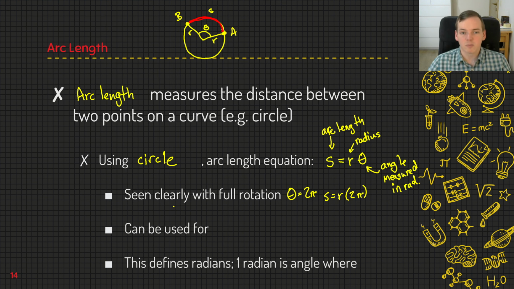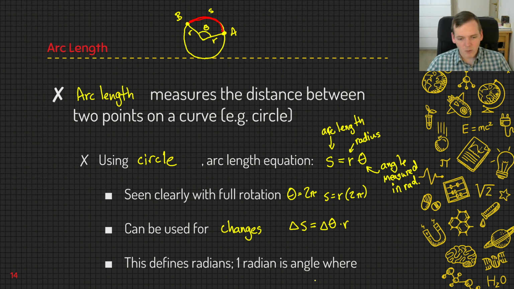So we see that this matches up, this works out. And this can also be used for changes. So it doesn't have to just be S: I can use this idea of change in arc length equals change in theta times r.